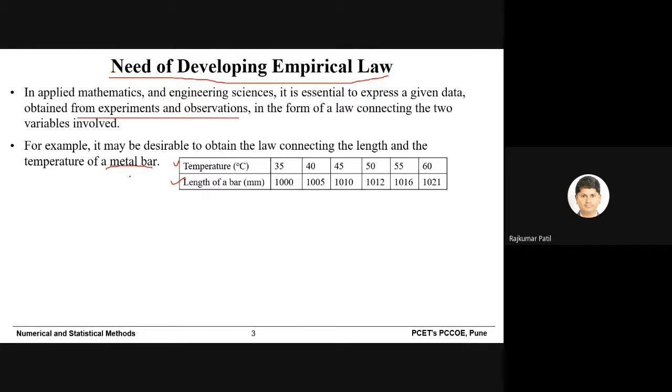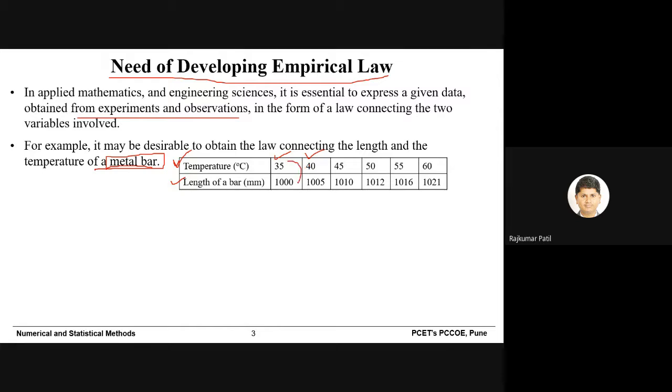Whenever you are designing a steel structure, a shaft, or any component, you must understand the deformation of that steel structure, for example a metal bar, with respect to temperature. In the laboratory, suppose you develop a new material. A sample specimen is formed and subjected to different temperatures, say 35 degrees, 40 degrees, and so on.